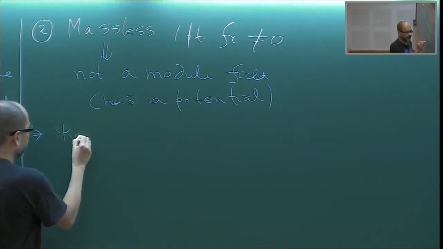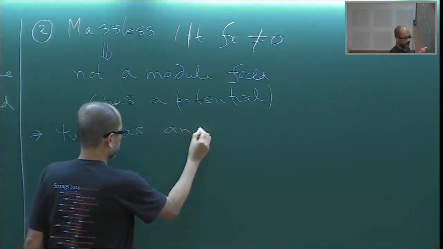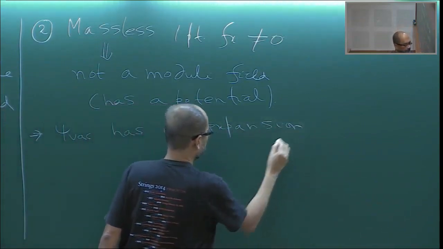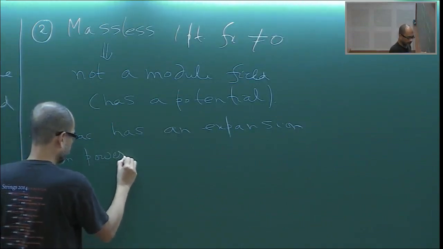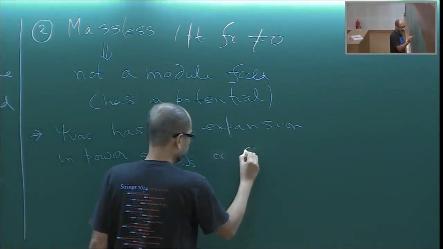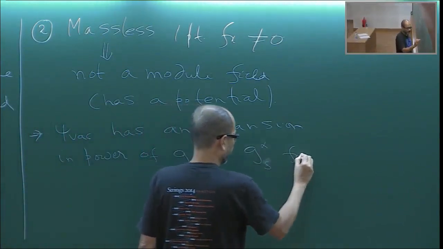one can show that psi vacuum has an expansion in powers of gs, or in general gs to the alpha, for alpha less than 2.